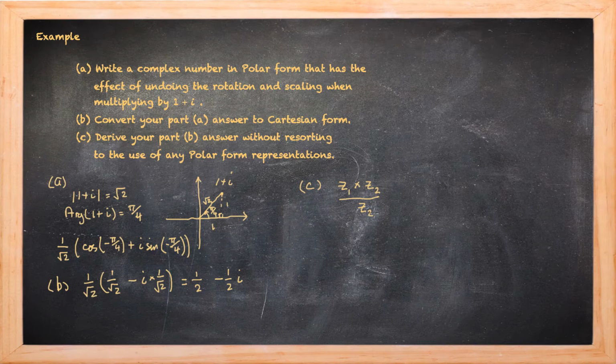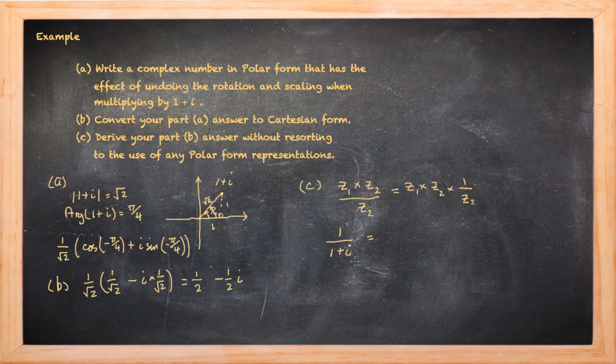So what is dividing by z2? Let's think about this a wee bit further. It's the equivalent of multiplying by 1 over z2. So if we're looking at multiplying by 1 plus i, then to undo that, we would surely multiply by 1 over 1 plus i. So this is now an expression that we can easily simplify.